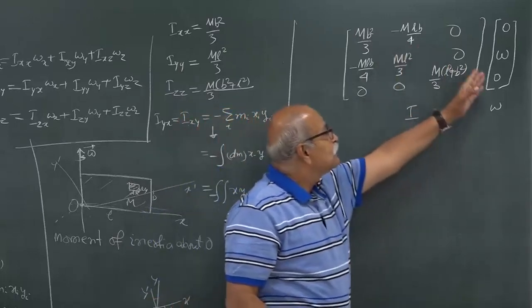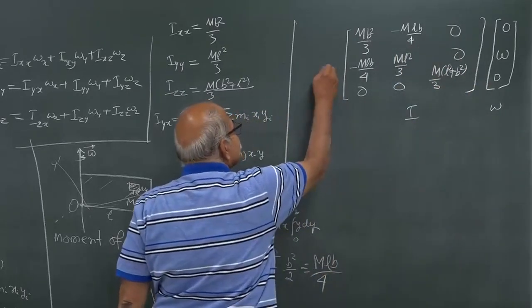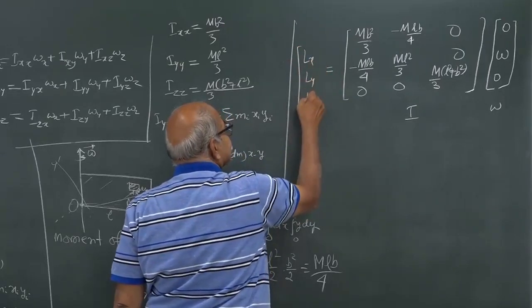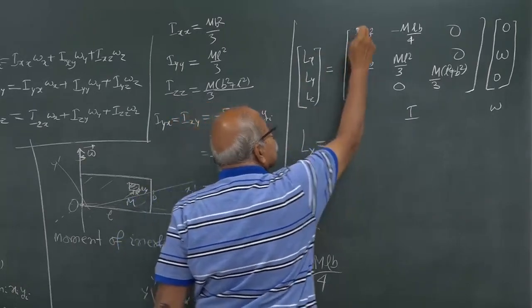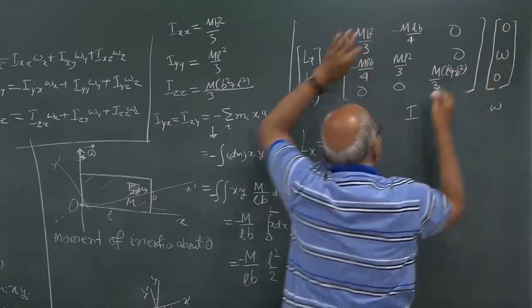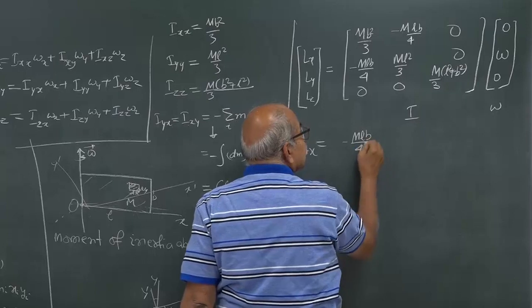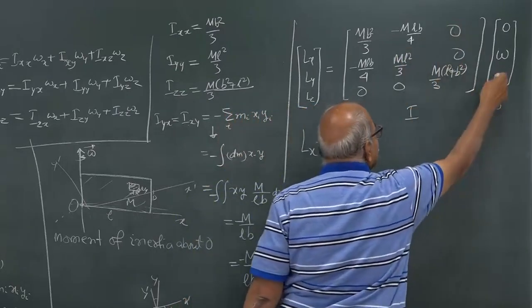When you do this matrix multiplication, what you get is your angular momentum vector, Lx, Ly, Lz. So what is Lx? Lx is this into this 0, this into this, minus m L b by 4 and then omega, and plus 0 into 0 is 0.